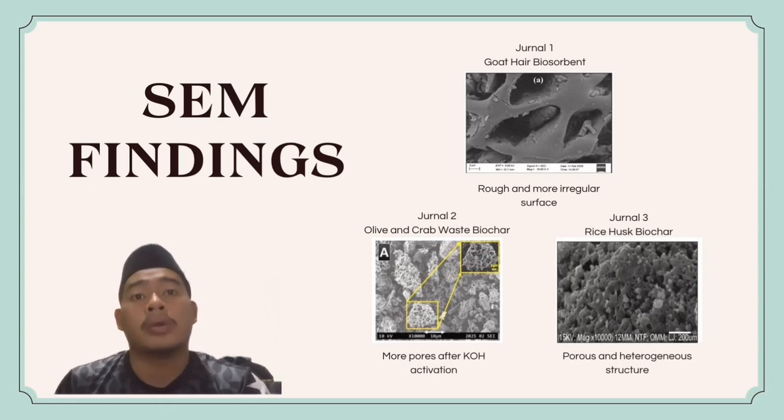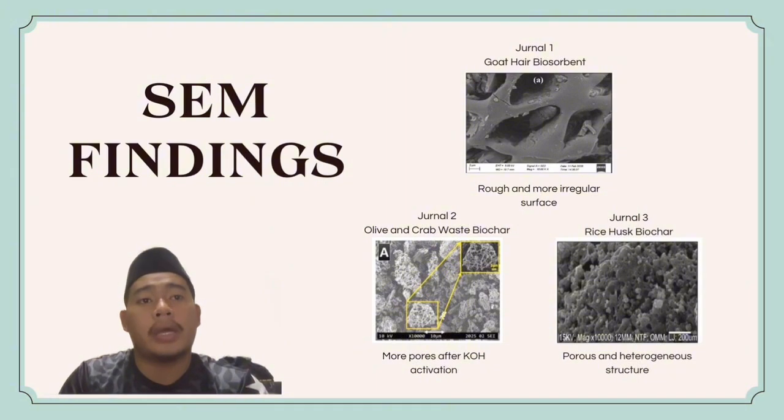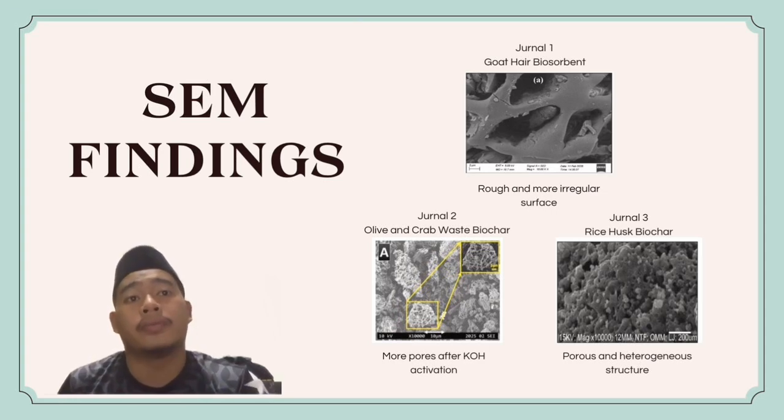For Journal 2, SEM revealed that pyrolysis transformed rice husk into a porous biochar structure. After KOH activation, the material exhibited a denser pore network and increased surface roughness. This characteristic improved the absorption capacity of the biochar.